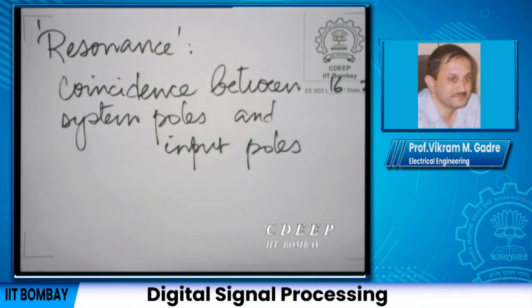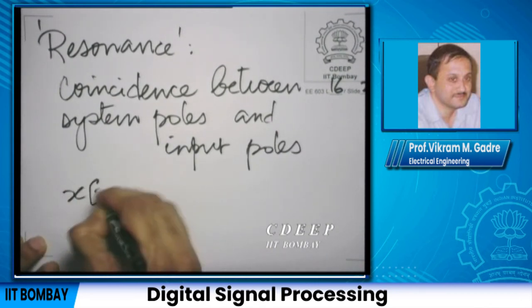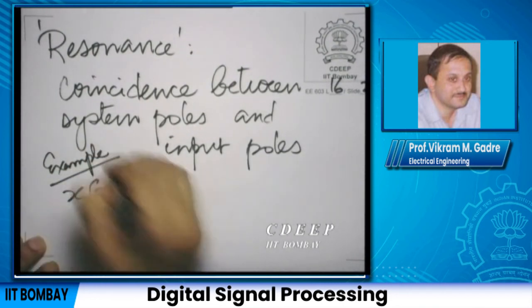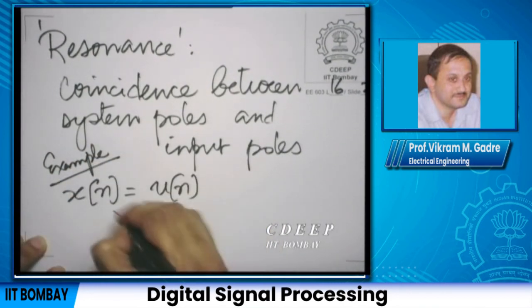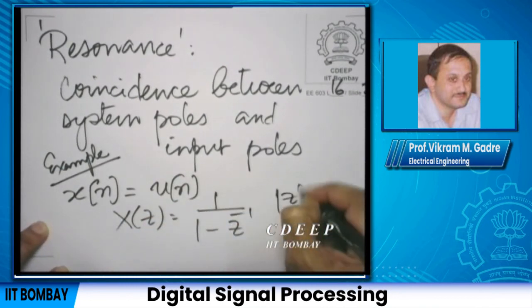So, for example, we could take x[n] equal to u[n]. What is the Z transform? The Z transform is 1 by 1 minus Z inverse with mod Z greater than 1.